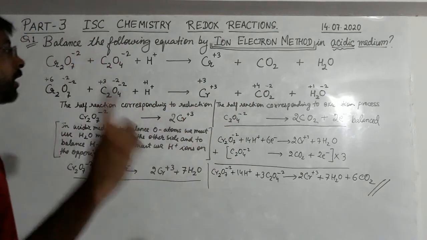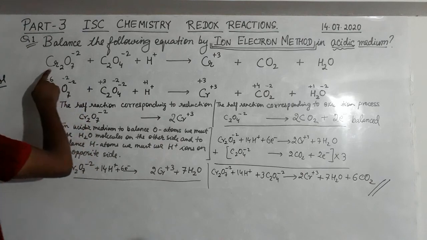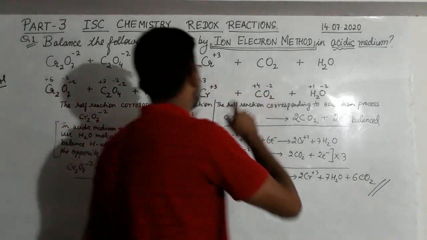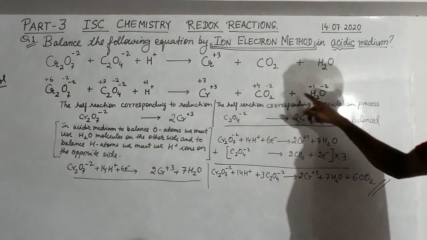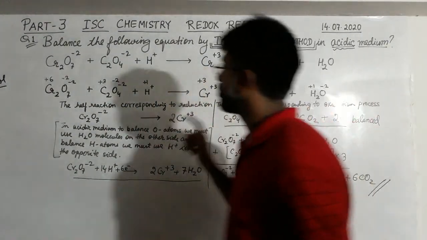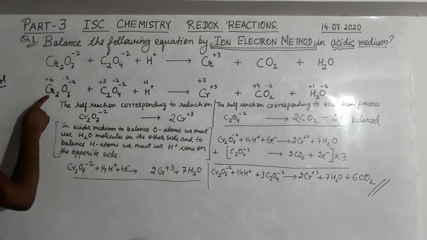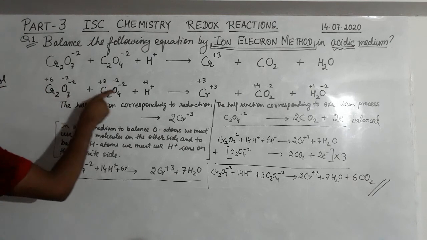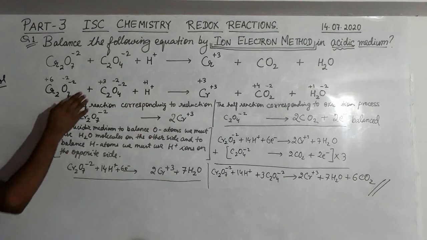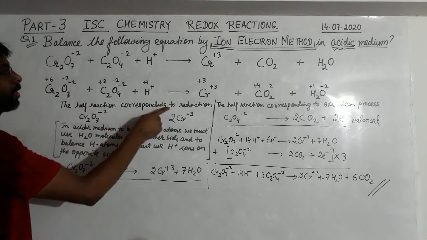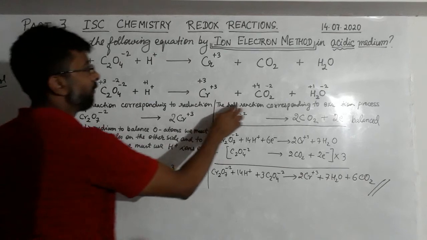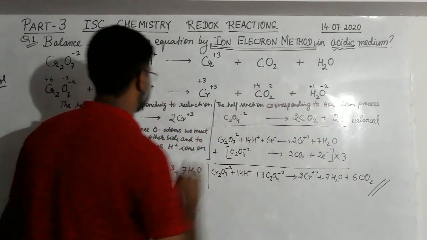The most important thing to note over here is, whenever such questions are given to you in the examination, first copy the ionic equation nicely and then write down the oxidation number of all the atoms above the element symbols in this manner. Then you break this into half reaction. The half reaction corresponding to reduction over here, the half reaction corresponding to oxidation over here.